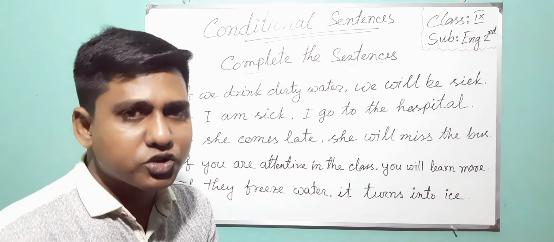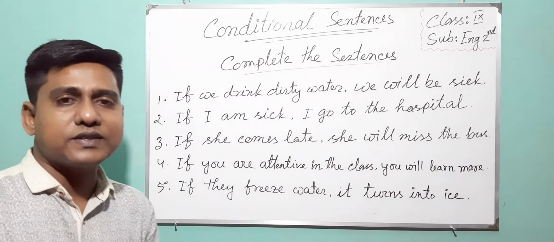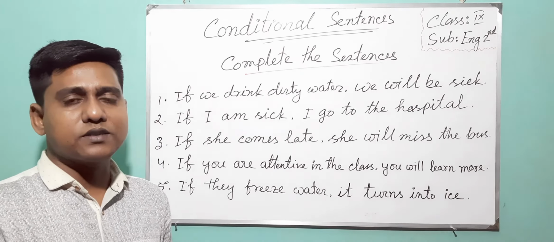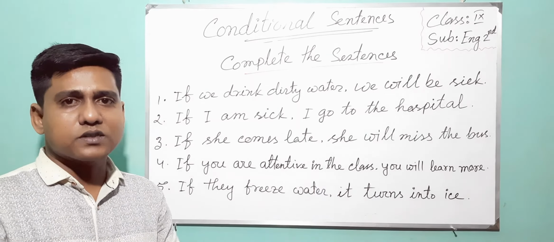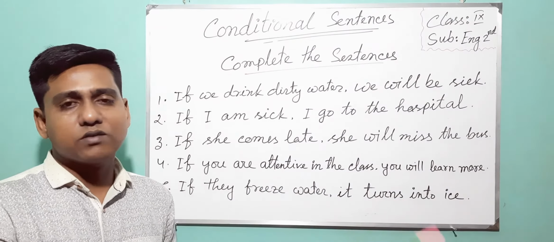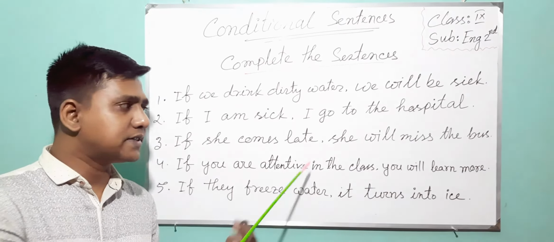So we can write a conditional sentence in this way. I think it's clear to you about writing a conditional sentence. If someone asks which one is a conditional sentence, you can find it very easily. This is the conditional sentence.